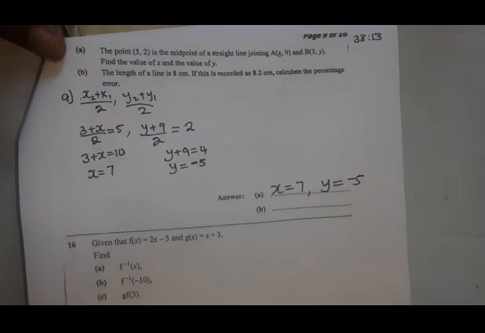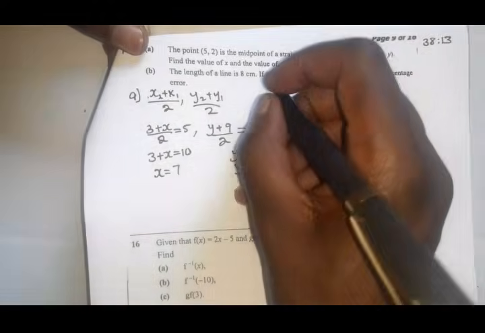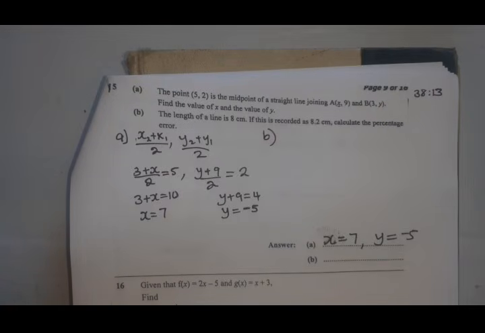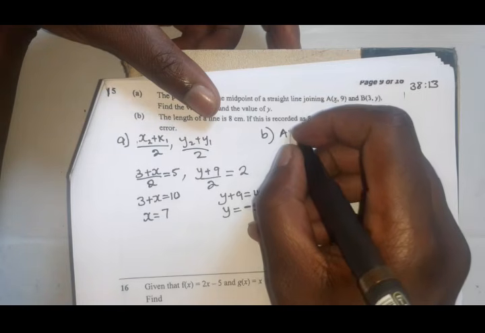Okay. So we come to question B. The length of a line is 8 centimeters. If the recorded value is 8.2, calculate the percentage error. So the percentage error is equal to the relative error multiplied by 100%. Also the relative error is equal to the absolute error divided by the true value. So the first thing that we are supposed to do is to find the absolute error.